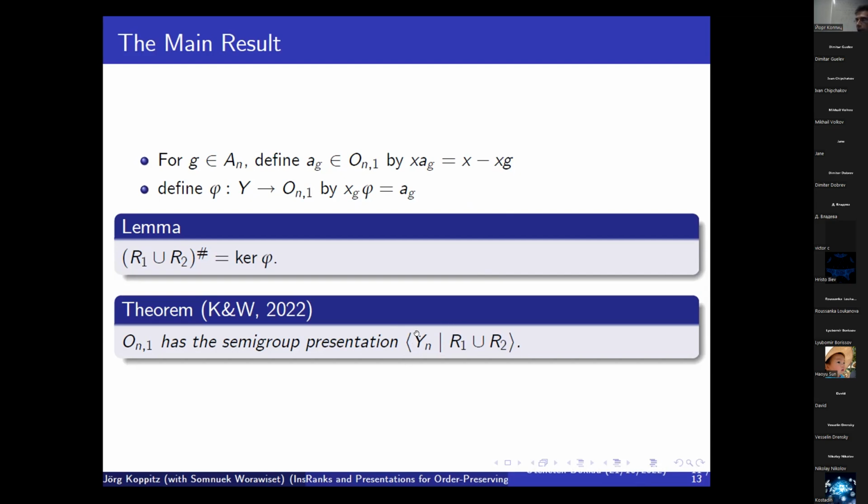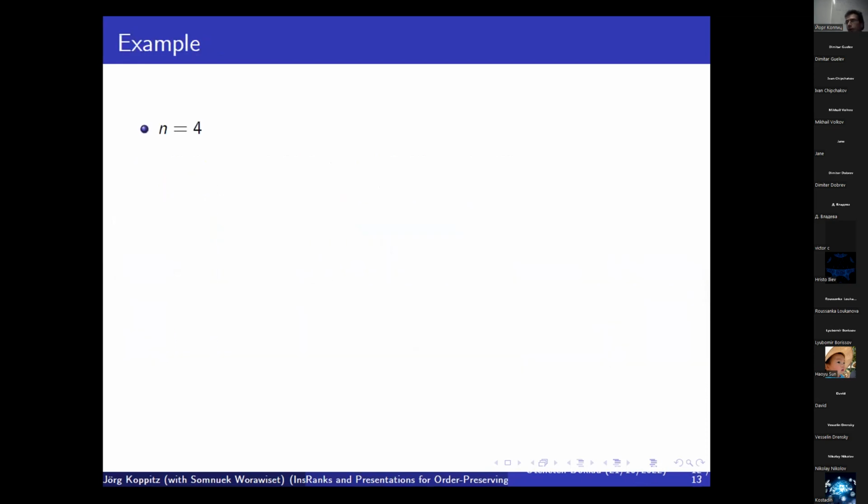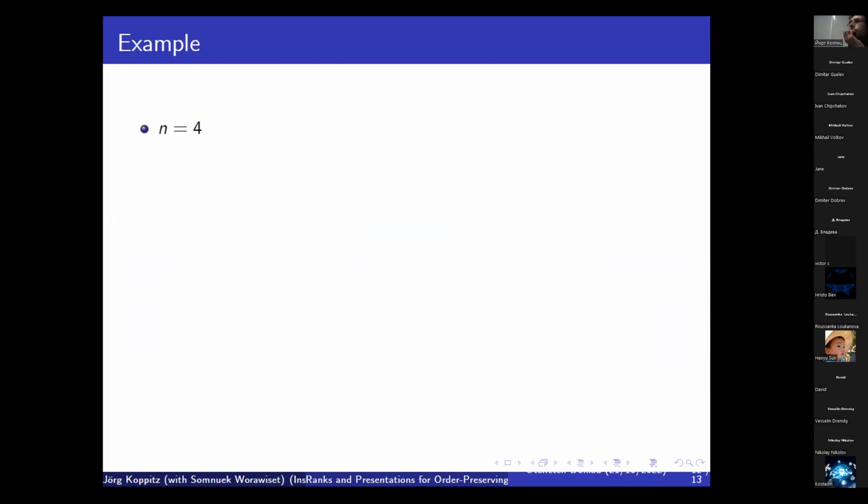So we know how many elements we have in Y, and we know how many elements are in R, and this gives us a presentation for our semigroup ON1. So let us consider this as an example, namely we put n equal to 4.